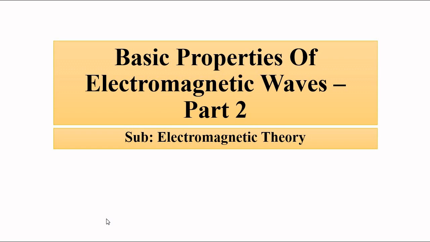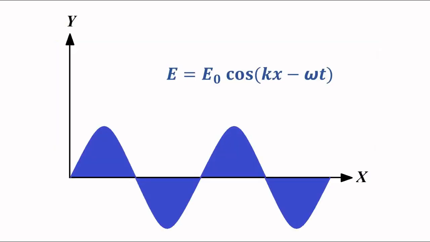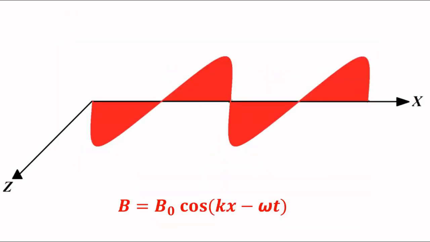Then the transverse nature of electromagnetic waves, which states that the electric and magnetic components, the oscillations, are in mutually perpendicular planes, which is also perpendicular to the direction of propagation of the electromagnetic wave.